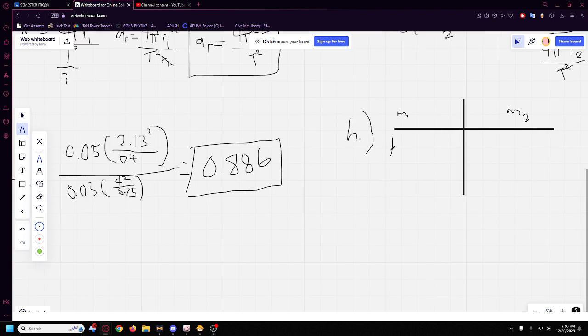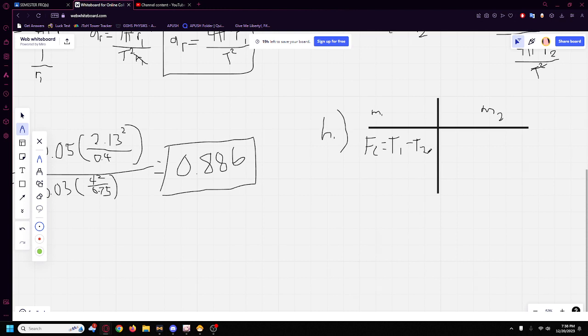So FC is equal to T1 minus T2 for M1, and FC is equal to T2 for M2.